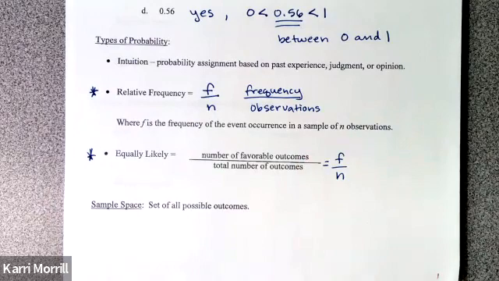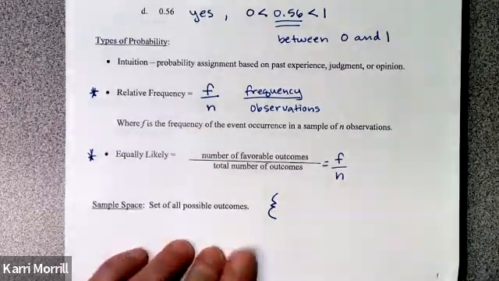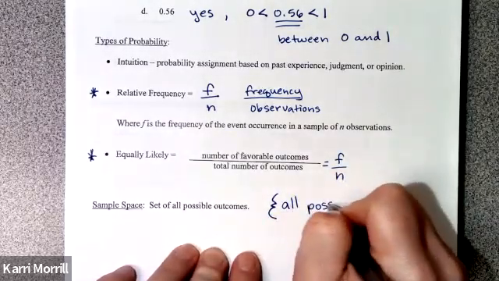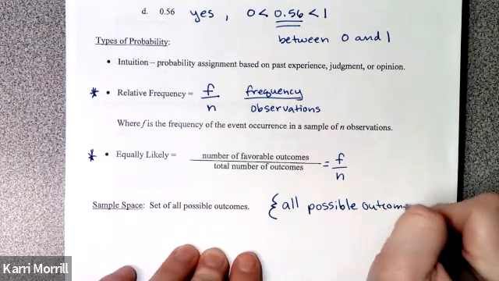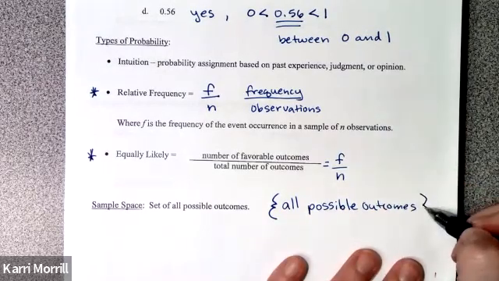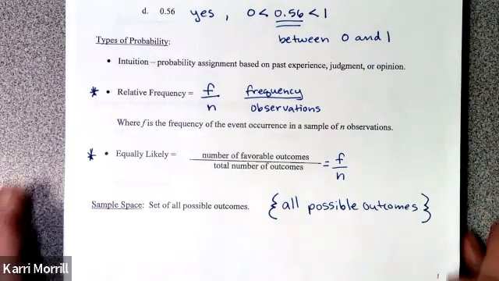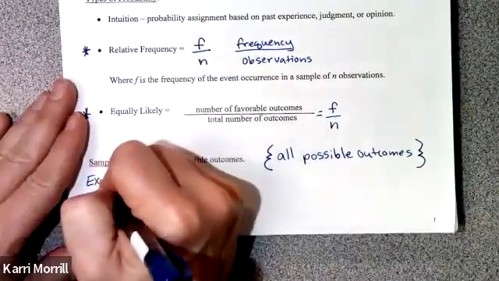Sample space would be the set of all possible outcomes. A lot of times you see it with these little squiggly braces, with all possible outcomes in the middle. I'm just going to create an example to show this.